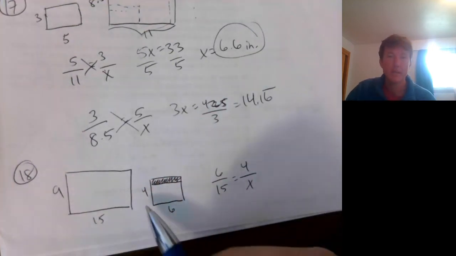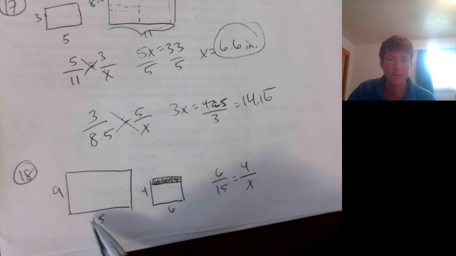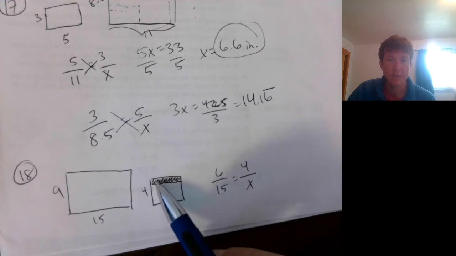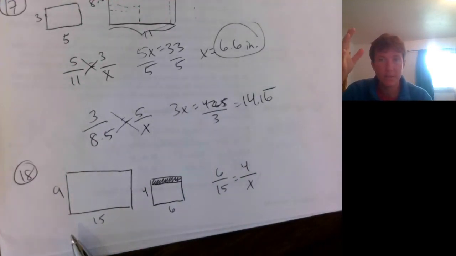Because a ratio of 4 to 6 is different than a ratio of 9 to 15. This ratio is 1.66. This ratio is 1.33. I don't know if you ever play around with a TV aspect ratio, there's a 4 by 3, 16 by 9. If you take an old film that's in a 4 by 3 ratio, and you want to cast it on a widescreen TV, a 16 by 9, you're going to have those borders on the top.